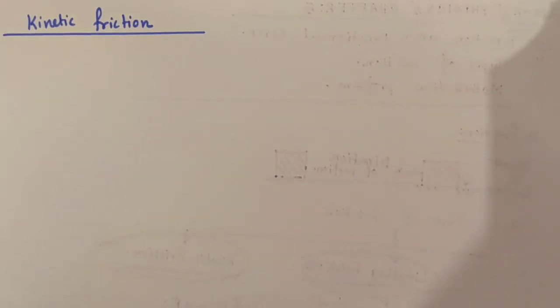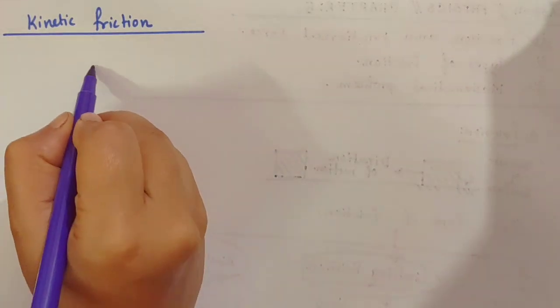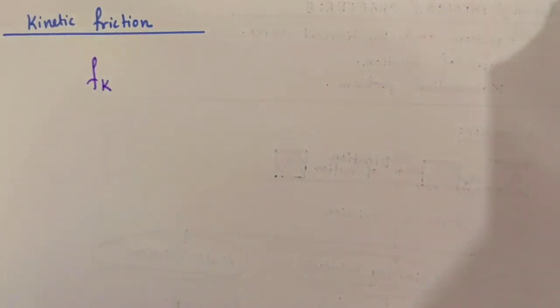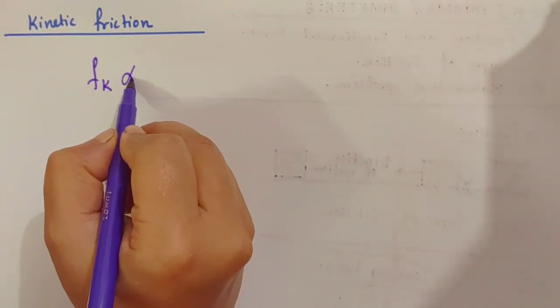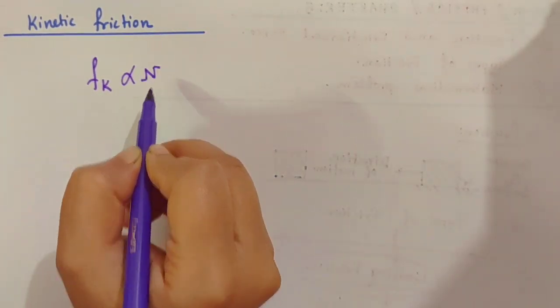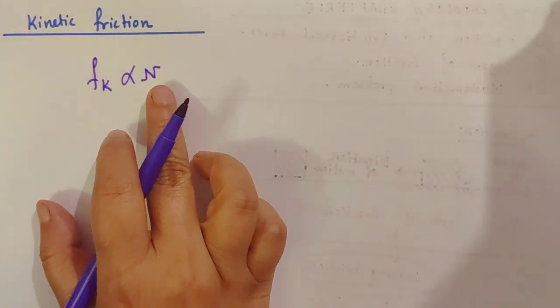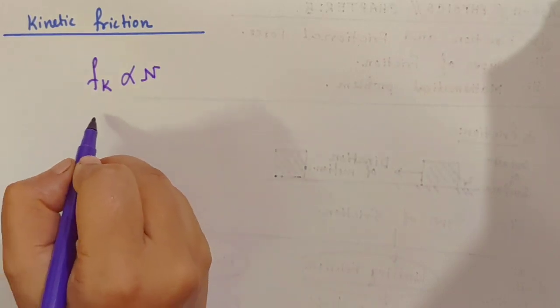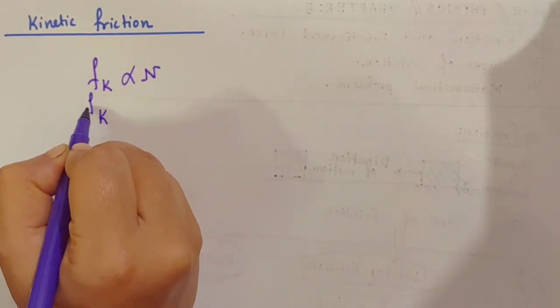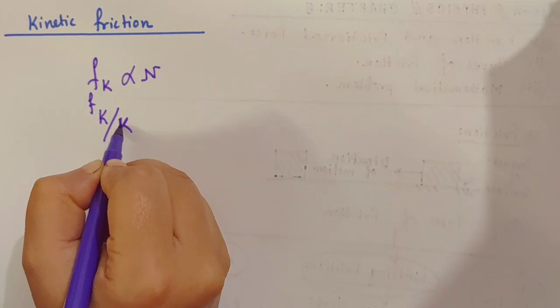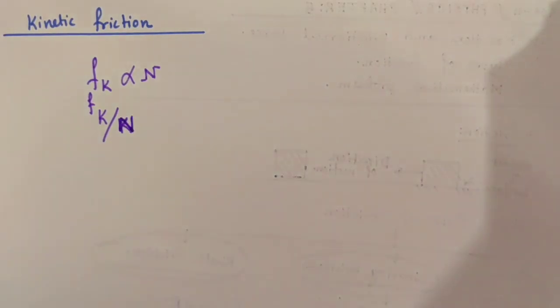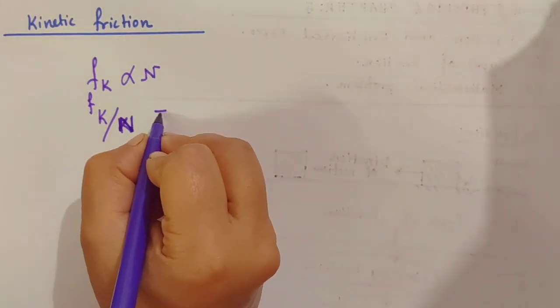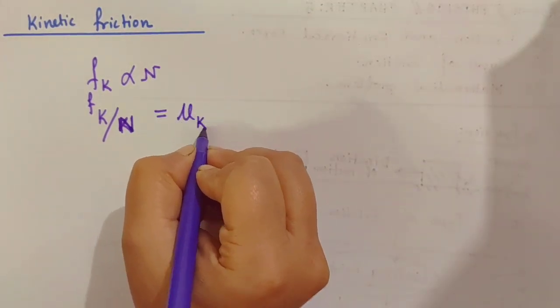Suppose the force of kinetic friction is Fk, then it is directly proportional to the normal reaction N. So Fk is proportional to N, and the ratio of Fk to N we can write as mu k.